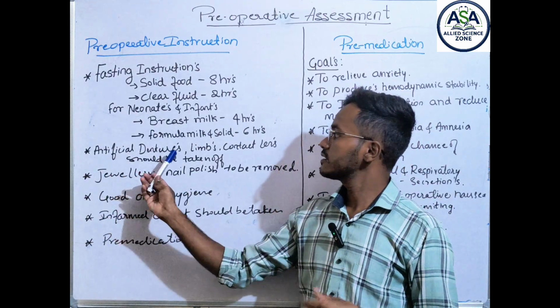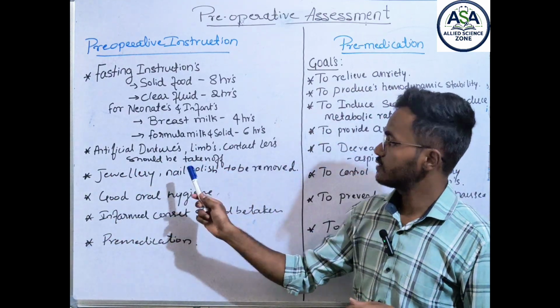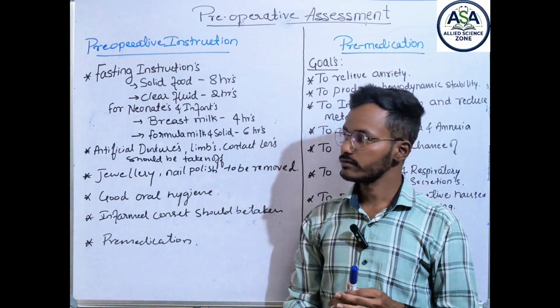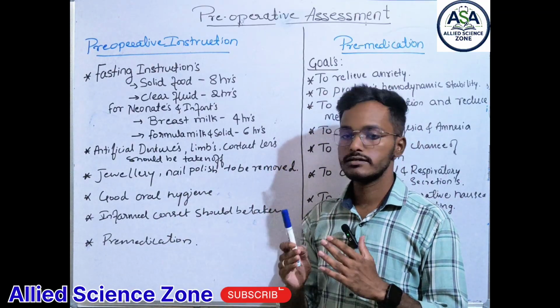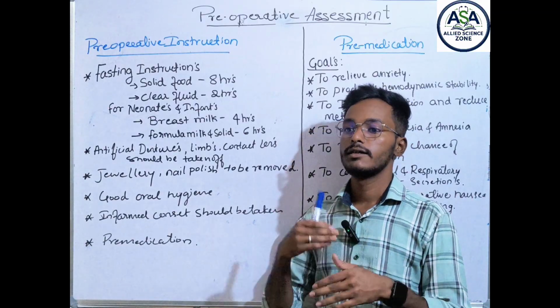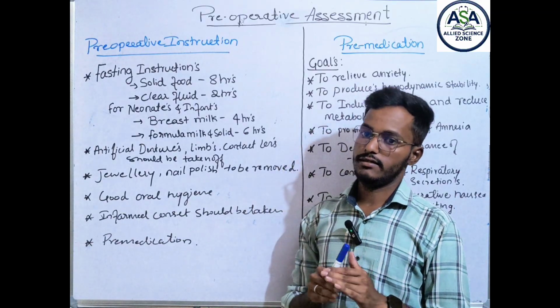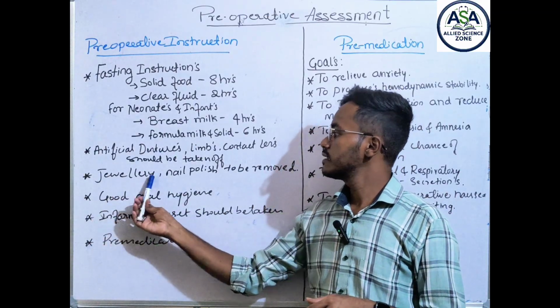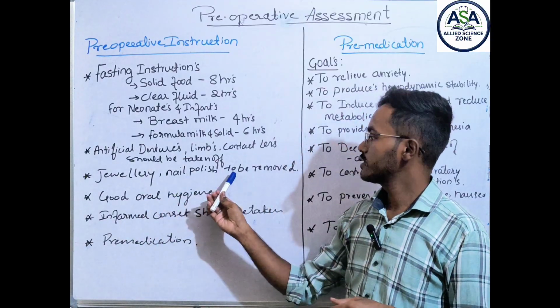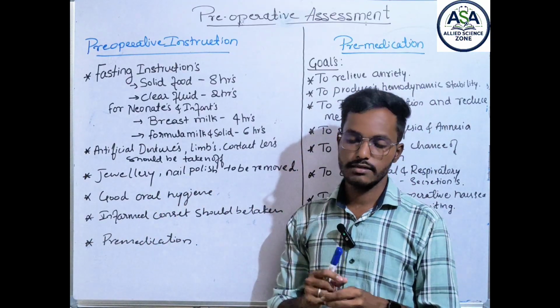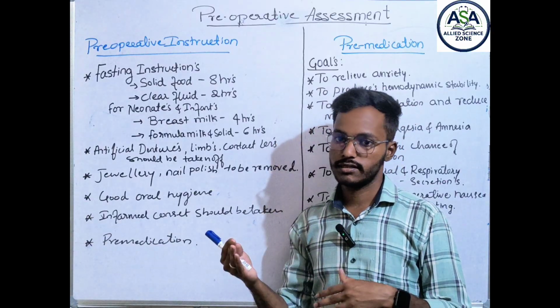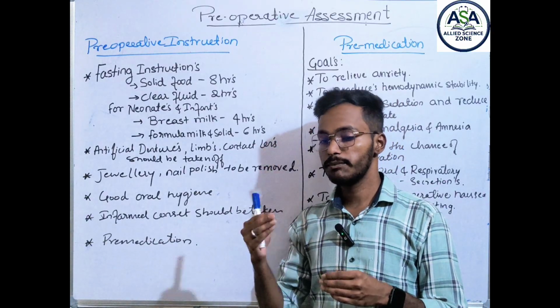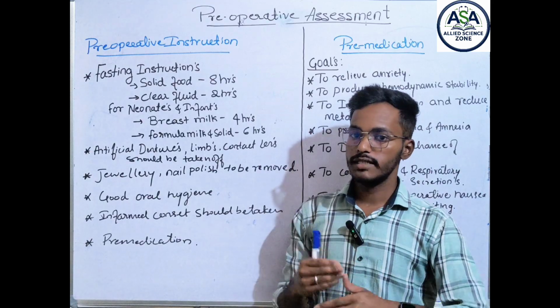Artificial dentures, limbs and contact lenses should be taken off before the surgery. Jewellery and nail polish should also be removed before the surgery, and before coming to the pre-operative ward all these things should be taken off.